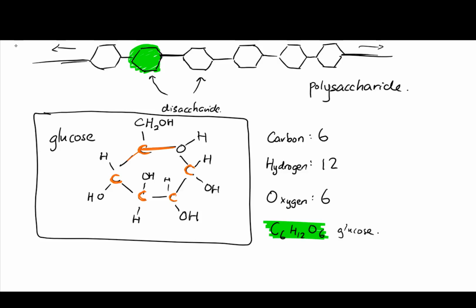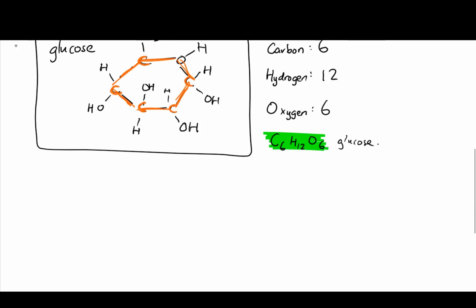So I'm just gonna link the ring shape, and it's going to create something like this, with oxygen here. So if I keep filling out the blanks, this will be CH2OH, H, H, OH, OH, H, H, OH, OH, H. Now, this is what we call an abbreviated structure.